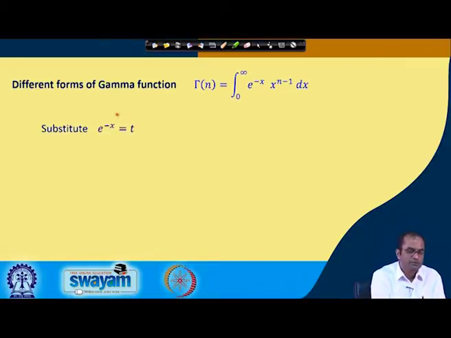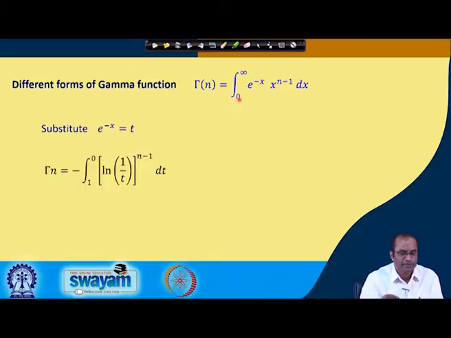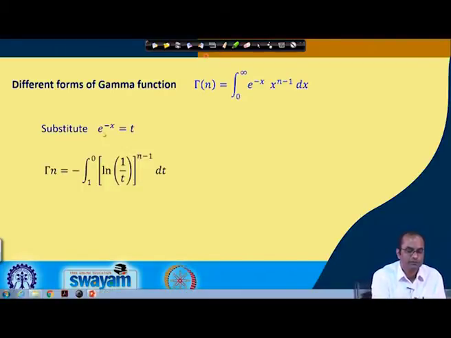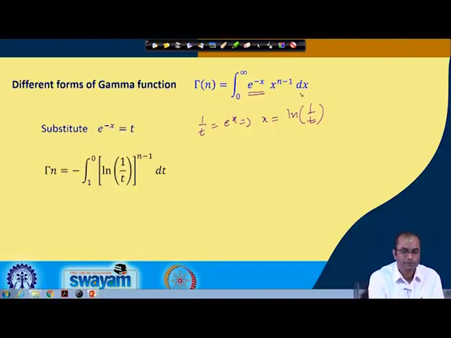Also, if we substitute e power minus x is equal to t, we will have again a very different form, because from here now we get 1 over t is e power x. So, we get x as ln 1 over t. So, e power minus x is replaced by t, and then x will be replaced by ln 1 over t power n minus 1. So, this e power minus x with this dx will become this dt.